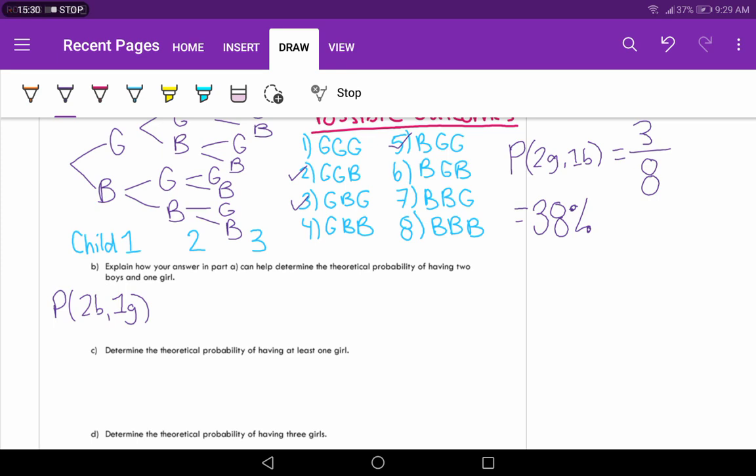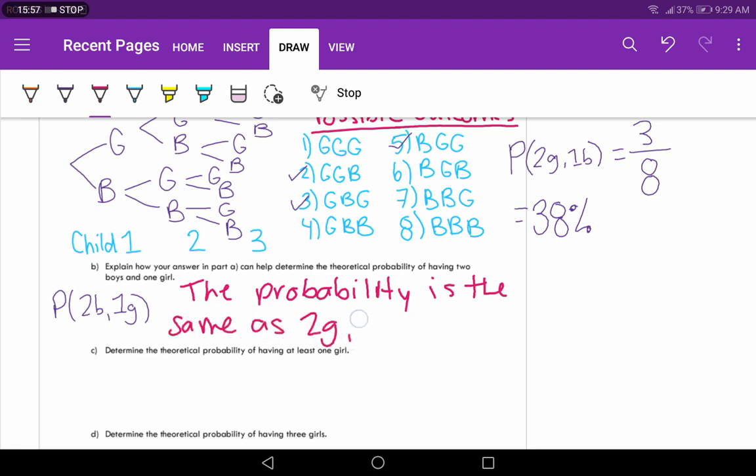So that's why when you have that 38%, you can assume that it's also going to be 38% of these people getting 2 boys and 1 girl. So we would just say the probability is the same as 2 girls, 1 boy, which is 38%.